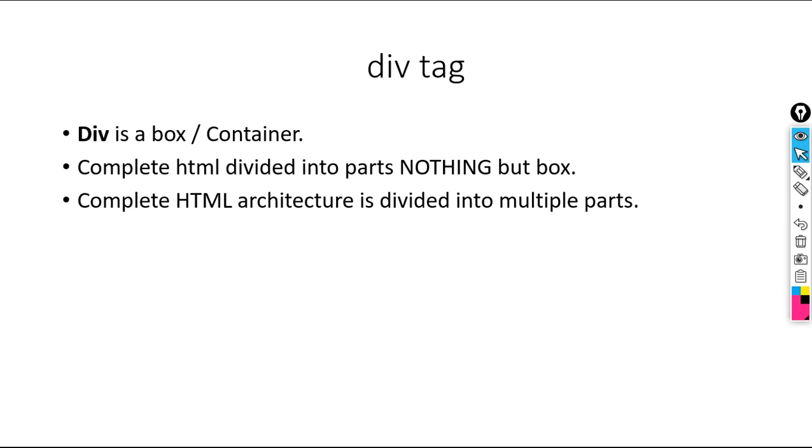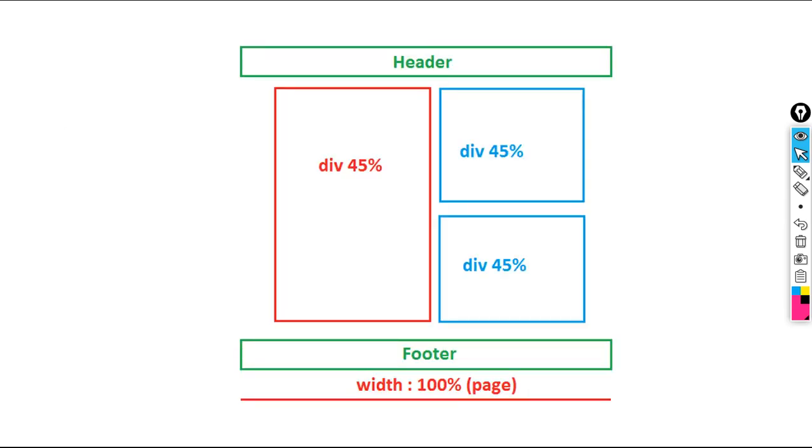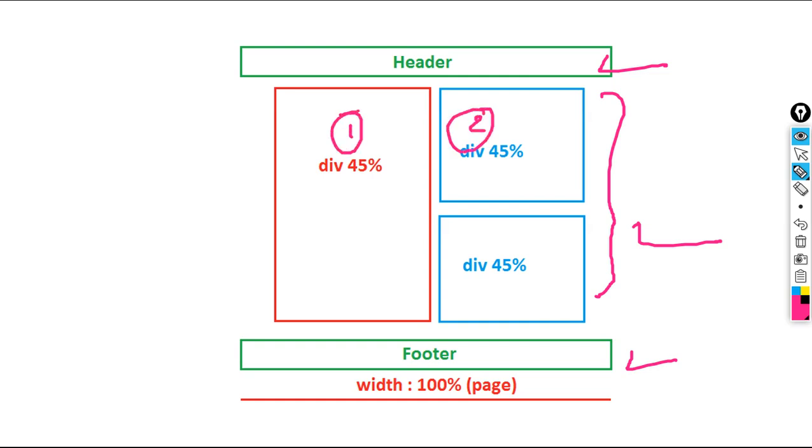For your better understanding, I have one picture. Please observe this picture so that you can understand properly. See here, this is one HTML web page. An HTML web page is a combination of header, then this is body, and then we have footer. Here you can observe this is one container, this is another container, and this is another container. What do we have in these containers? We have HTML elements in these containers.